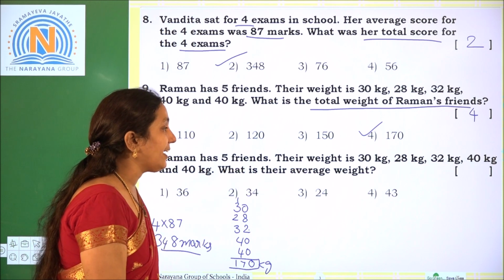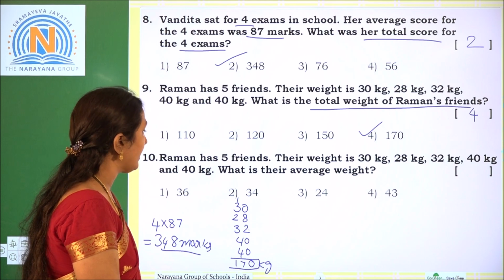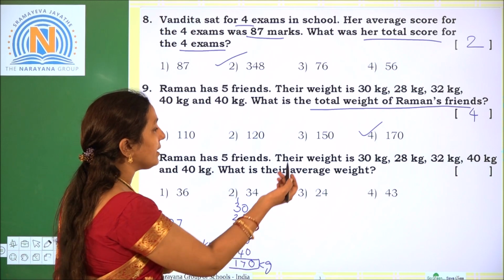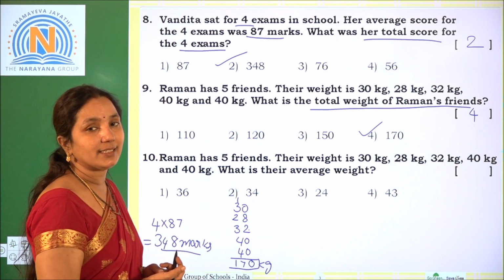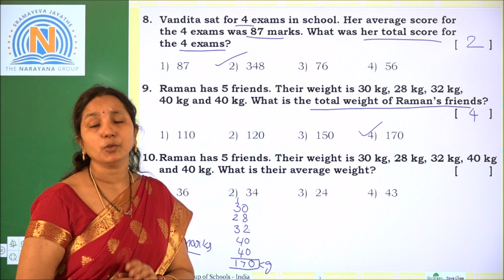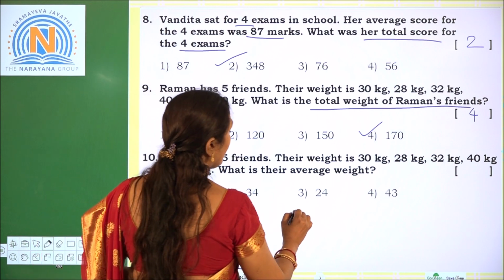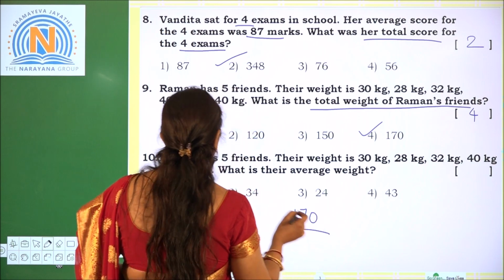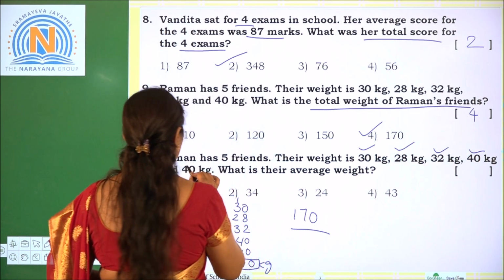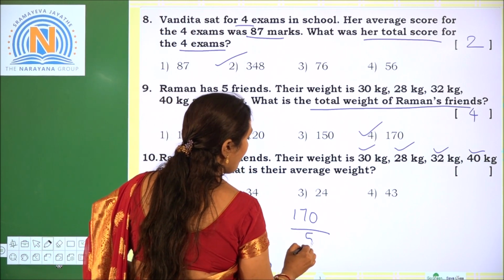Now, Raman has 5 friends. Their weights are 30 kgs, 28 kgs, 32 kgs, 40 kgs and 40 kgs. What is their average weight? Just now we found the sum of the weights, which is divided by the total number of quantities, the total number of children. So here we already got 170, divided by how many? 1, 2, 3, 4, 5. Here it is directly given, 5 friends. Divide by 5.